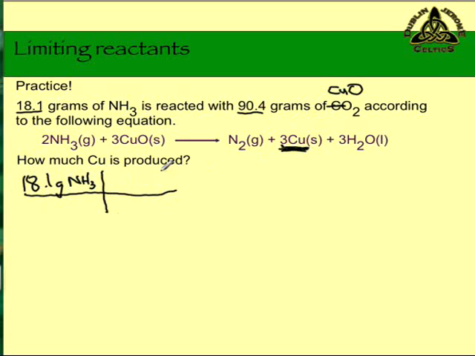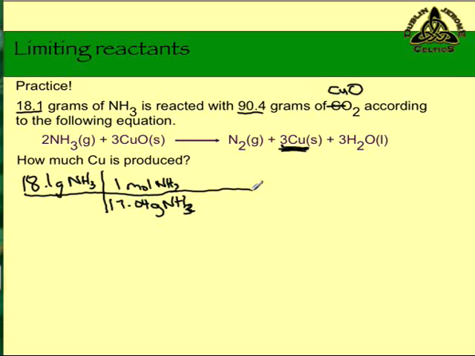We have grams of NH3 on the bottom, and we want to convert NH3 to moles. So we use the molar mass of NH3, which, when you add up nitrogen and 3 hydrogens, is 17.04 grams for 1 mole of NH3.